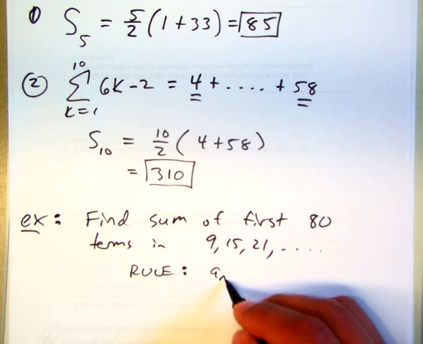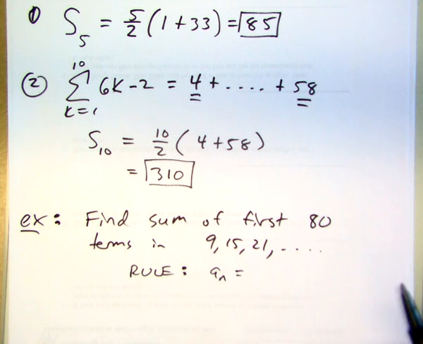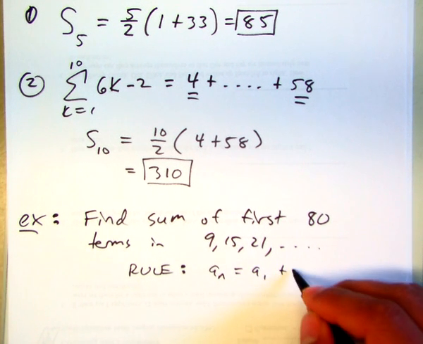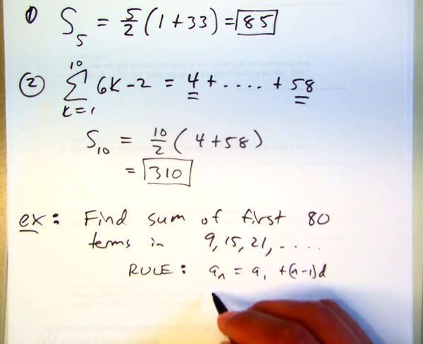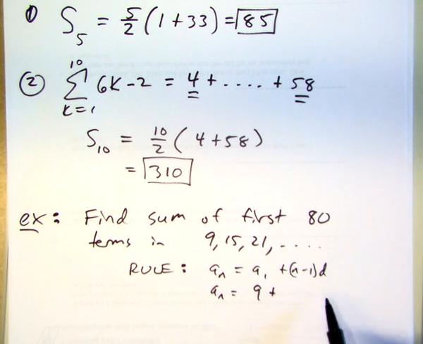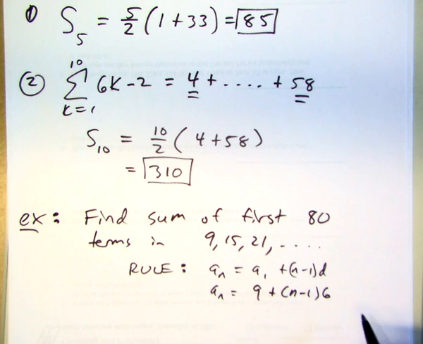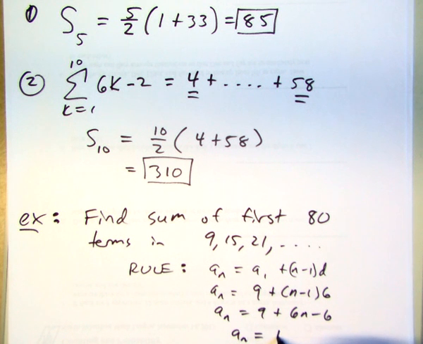The rule, which we can do the shortcut for, or we can just use a1 plus n minus 1 times d, however you want to do it, will give us the formula. So that's 9. Our difference seems to be 6. So that's a sub n equals 9 plus 6n minus 6. So we get 3 plus 6n.